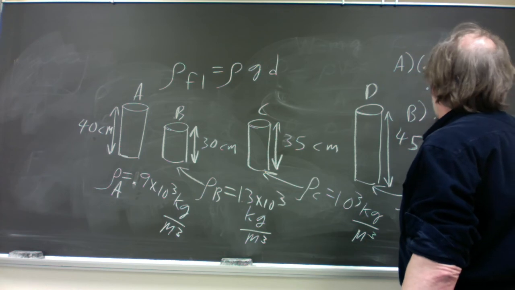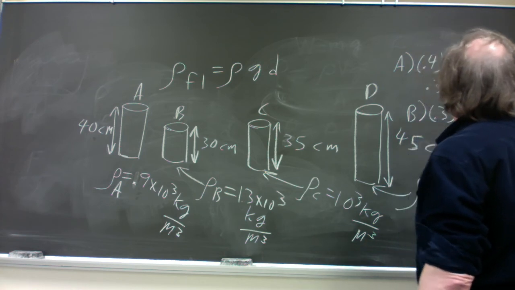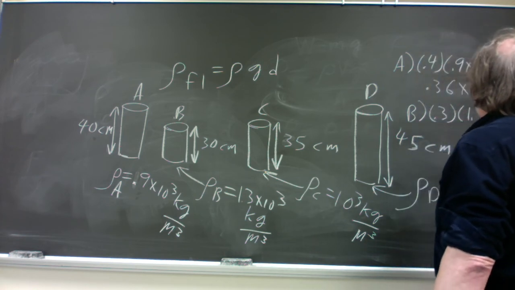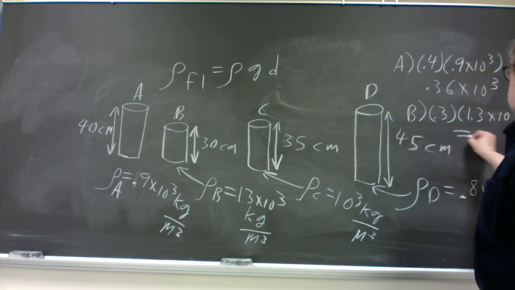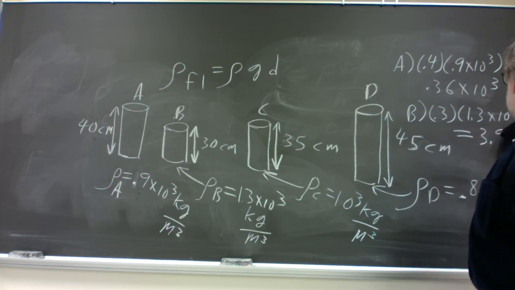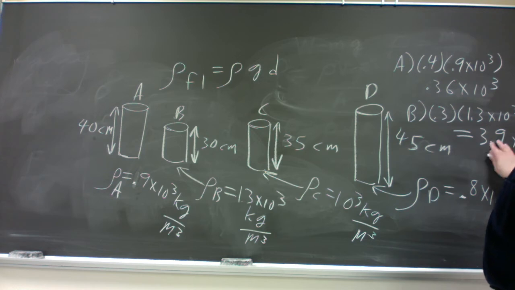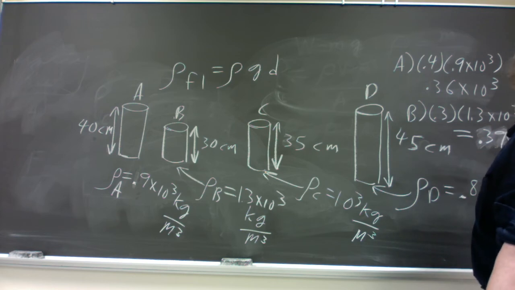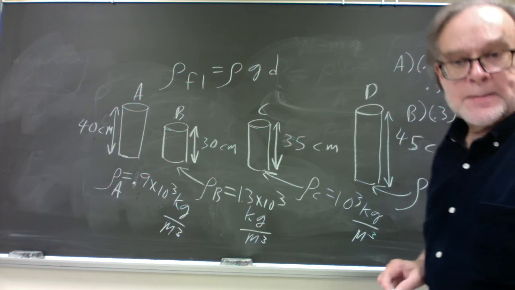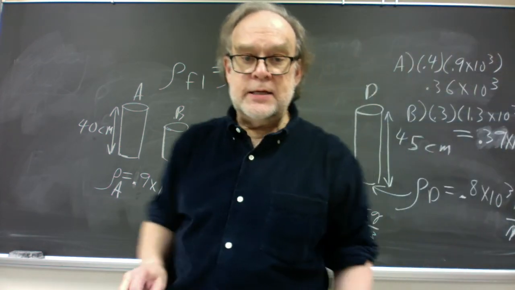So 0.3 meters times 1.3 times 10 to the 3 gives us, sorry, 0.39 times 10 to the 3. So a little bit larger than case A.